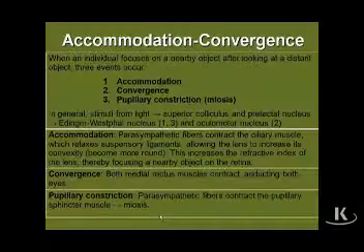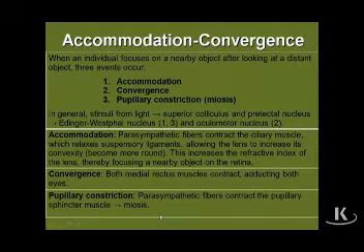Next is an extension of the light reflex that not only involves pupillary constriction, but is the sum total of the three events that go on in the so-called near response, or accommodation convergence reaction. Fundamentally, when an individual is focusing on a nearby object after looking at a distant object, three things occur.